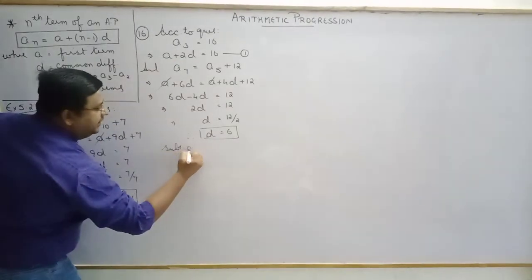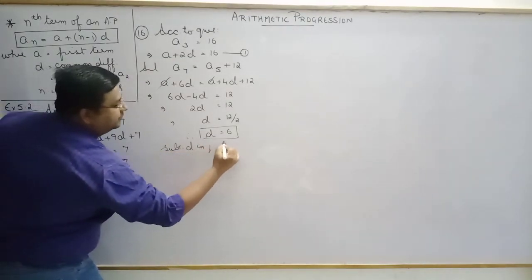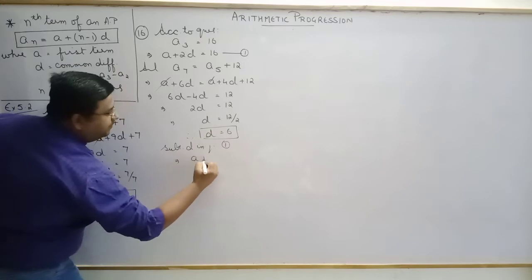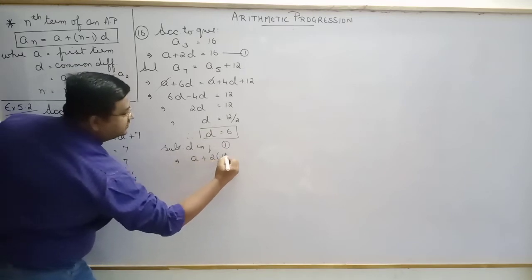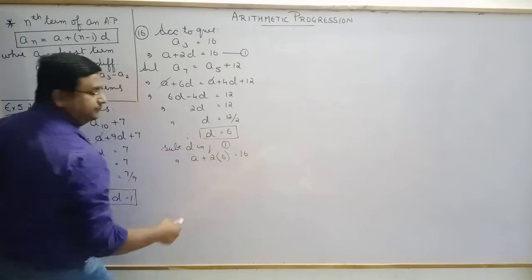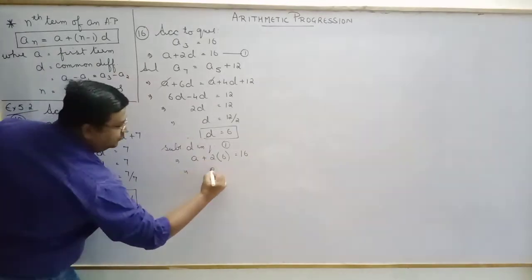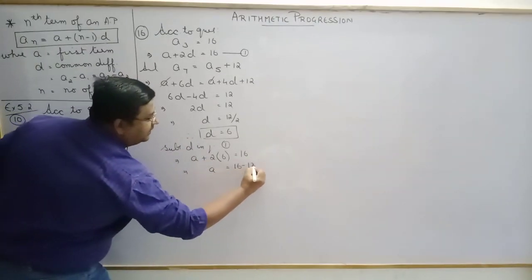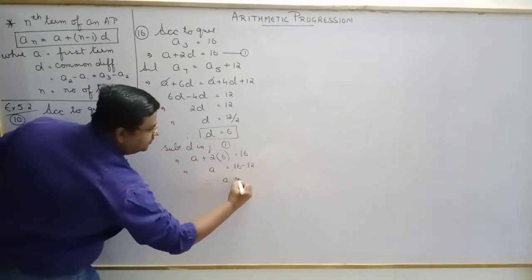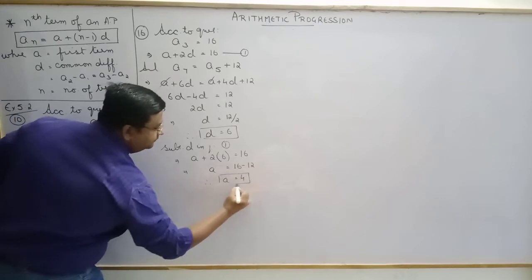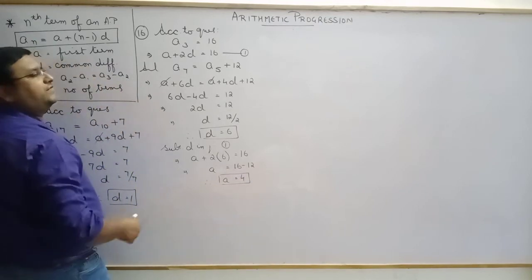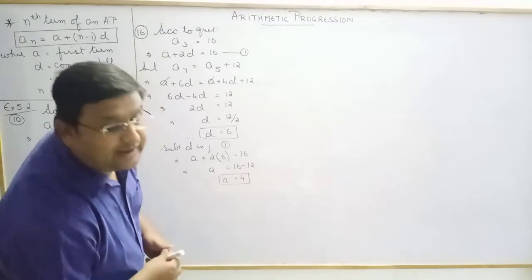Simple. If I substitute D over here, can we find A? Substitute D in equation number first. So A plus 2 into 6 is equal to 16. 2 sixes are 12. So A is equal to 16 minus 12. So therefore A is equal to 4. Now, what did they say? Determine the AP.